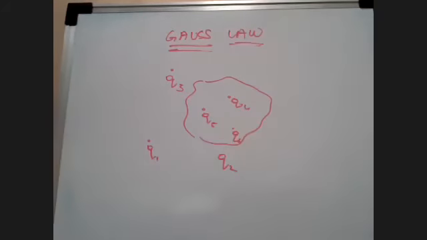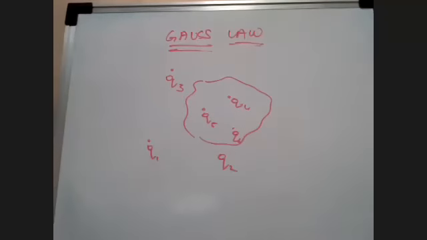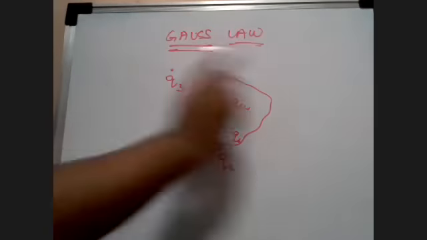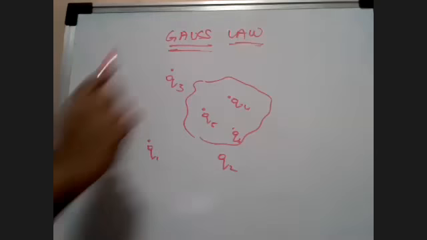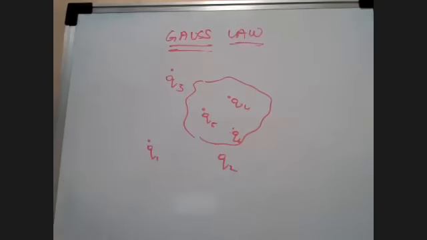What you should know is that the total flux is not just dependent on the charge which is inside the surface. The definition says that the total flux is entirely because of all the charges around it and inside it, both outside and inside.